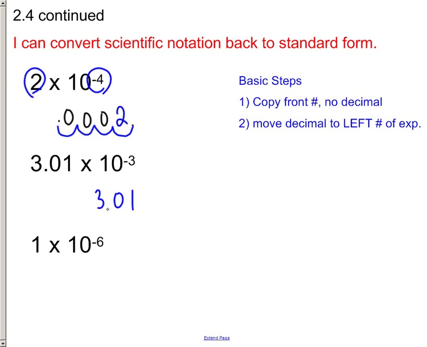Now keep in mind this is where your decimal was. We need to move it to the left 3 spots. So 1, 2, 3. So it's 0.00301. Let me make this one a little neater.